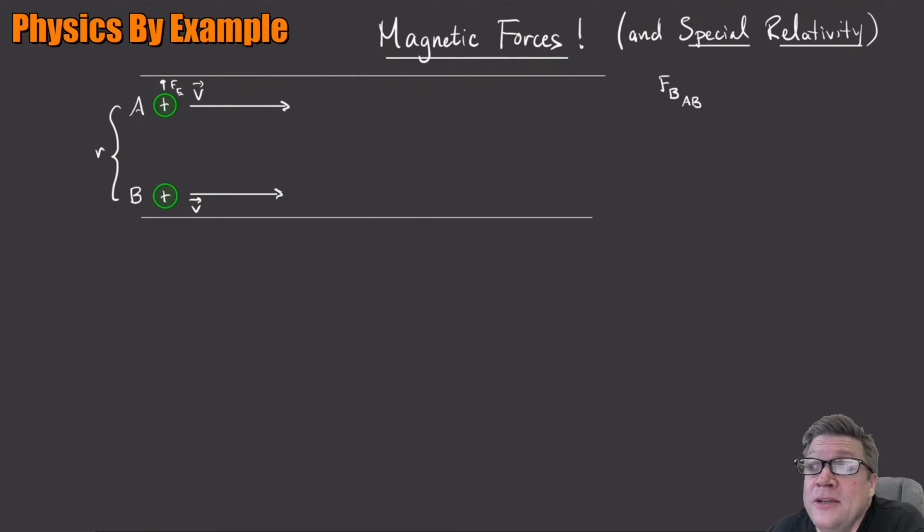Well, B is moving to the right at a speed v. So if B is moving to the right at this speed, it's going to generate a magnetic field at the position of A. And using your right-hand rule, that magnetic field is going to be coming out of the board.